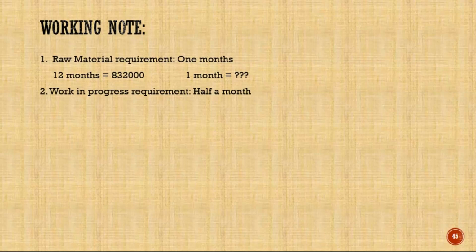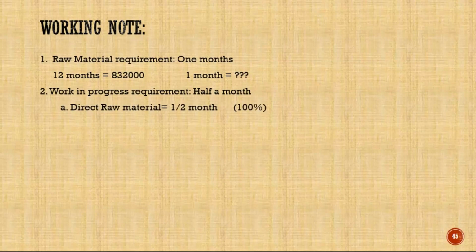Then for labor, 50% of the period we will consider, and for overhead also we will consider 50%. Now what is this 50, 50 and 100? This is a period. So the period we are considering is 100%, 50% and 50%, and not the amount. So let us see again how to calculate this WIP requirement for this particular company.